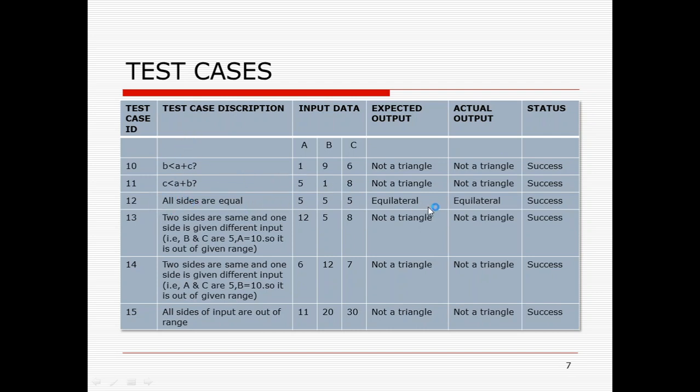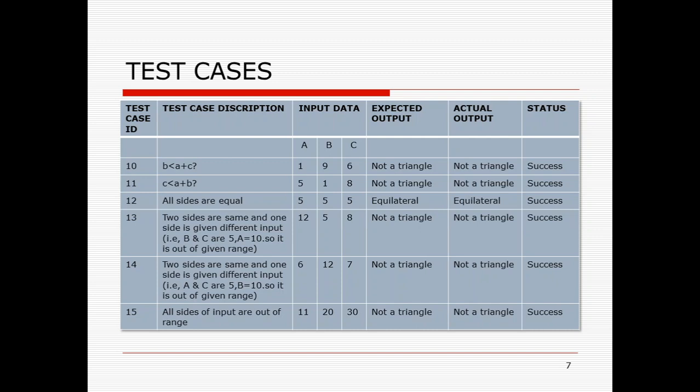All sides are equal, equilateral, and these are the additional three which were not there in the earlier term. That is, when the range goes beyond the boundary value, then we consider it's not a triangle. It is because the range has to be between 1 and 10.